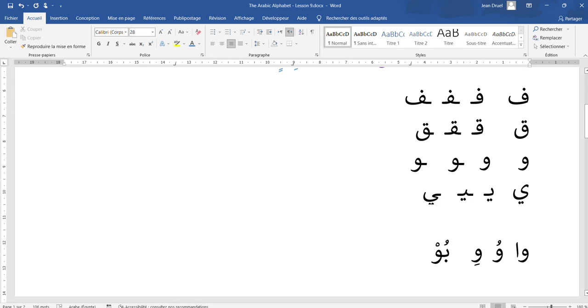This is the only case when I have boo as a long vowel. Of course, this would be buwa, whatever is before, because this means that there is a fatha here. So buwa, bawa, biwa.